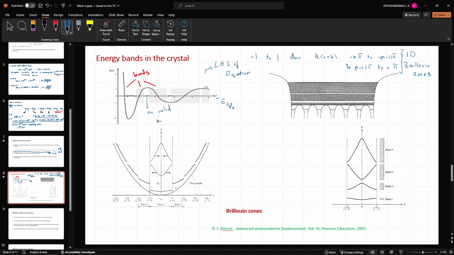So what we will essentially do here is the following. I will take this piece of the graph and I will slide it to this side. So what is in the first Brillouin zone? This region is zone 1. This is the first Brillouin zone. So I will take this part of the curve and I will move it here.